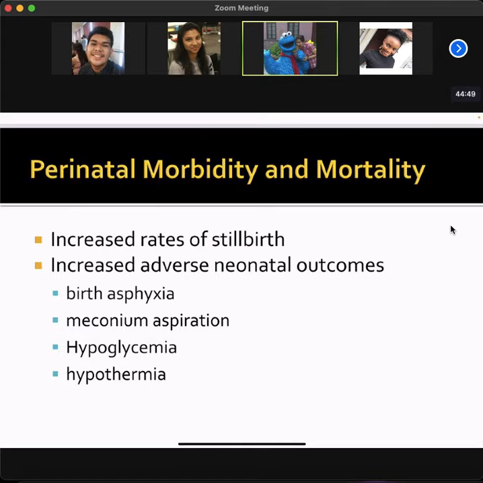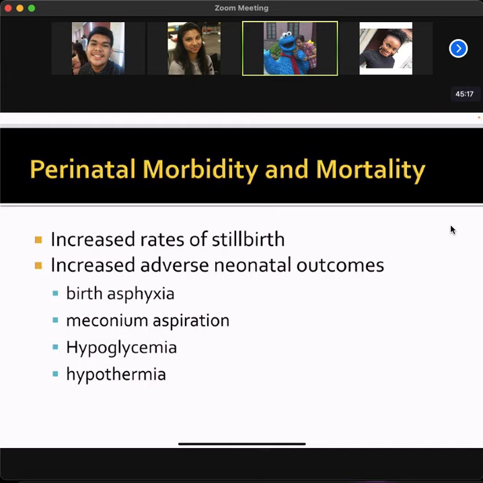So in suspected patients or known fetuses that are growth restricted, you should notify your pediatrician of this problem so that they are able to prepare beforehand, prior to the delivery, for proper resuscitation.